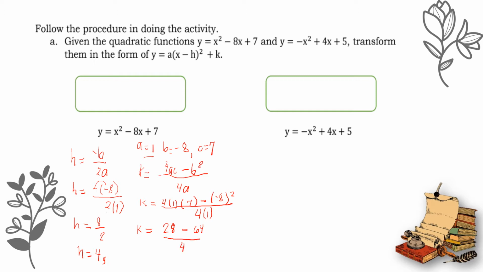So, what is 28 minus 64? If you subtract 28 minus 64, that is equal to negative 36. So, ang k po natin is equal to negative 36 divided by 4.